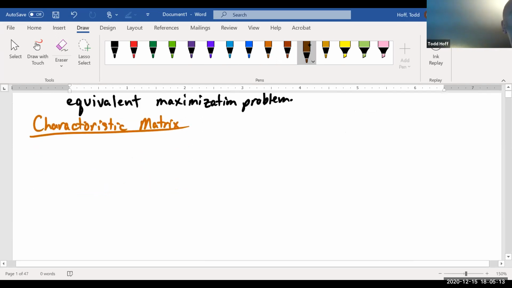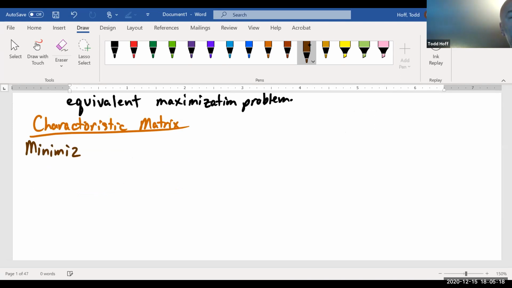So let's do this. Our problem is going to be to minimize the objective function c equals 2x plus y plus 2z, subject to the constraints.